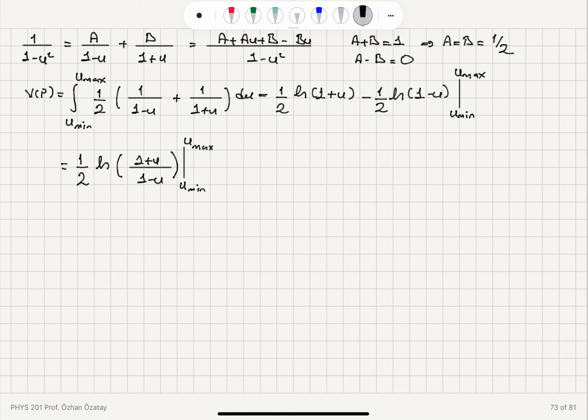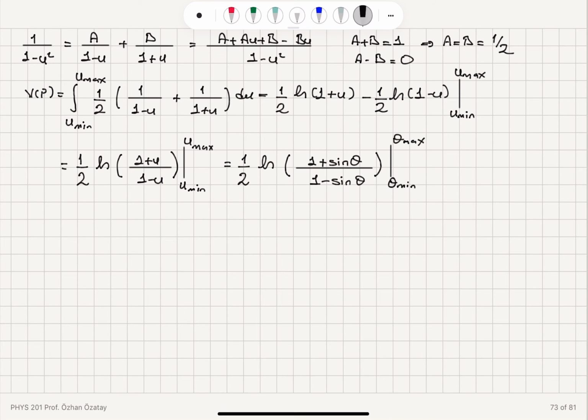So this is basically 1 over 2 natural logarithm of 1 plus sine theta over 1 minus sine theta, which will be evaluated between theta minimum and theta maximum, which are to be determined.